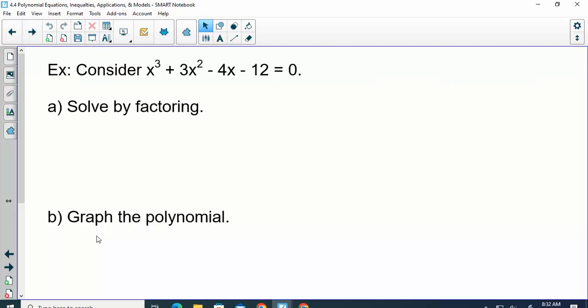So let's say I gave you this equation. We haven't had equations before. We were just looking at the functions themselves. But I'm asking you to find out where this is equal to 0.